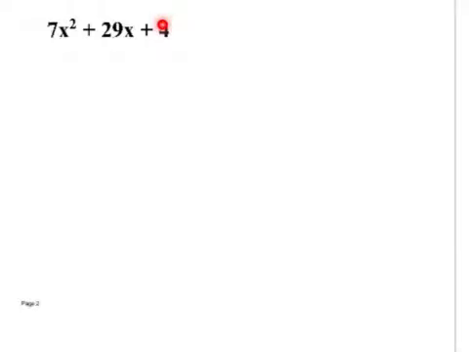So we need to look at what adds to give us 29 and what multiplies to give us 28. 28 times 1. So the factors of 28 are 1 and 28. Does that add to give us 29? Yes, it does.